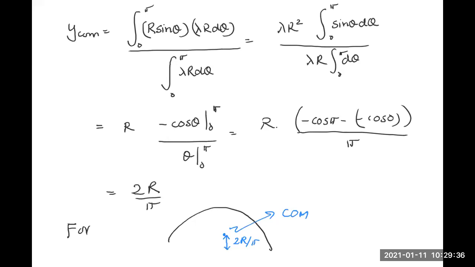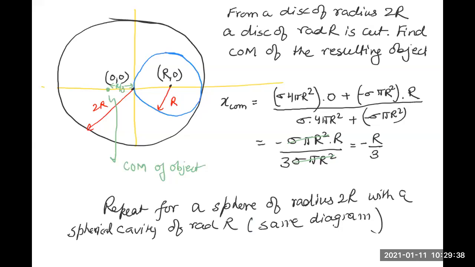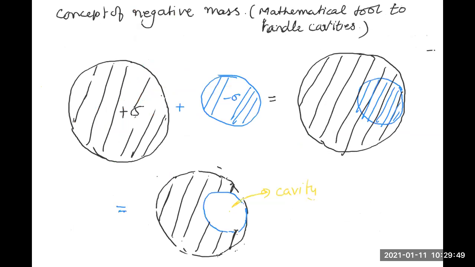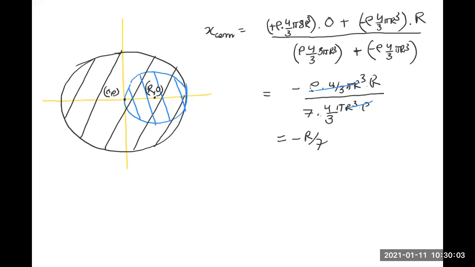Chalo. Please take a screenshot. Slide number 1. Number 2, where I explained the concept of negative mass. Please take a screenshot. Keep taking screenshots. Slide number 3, where we worked out the spherical cavity inside a solid sphere.